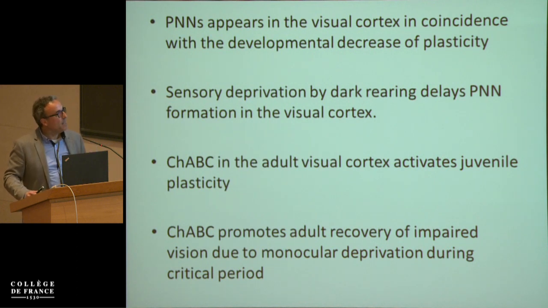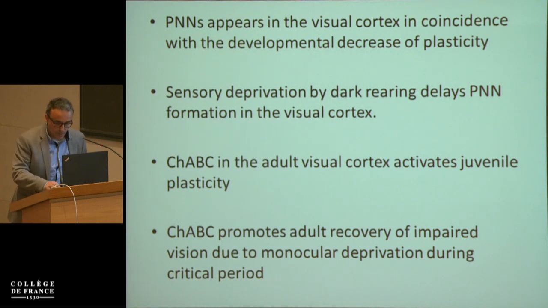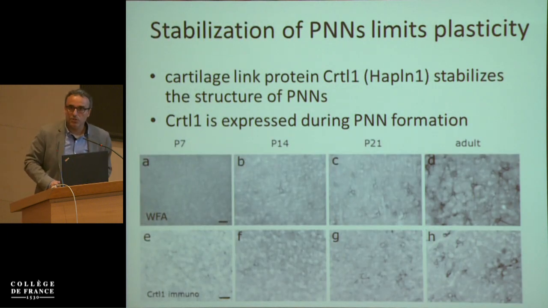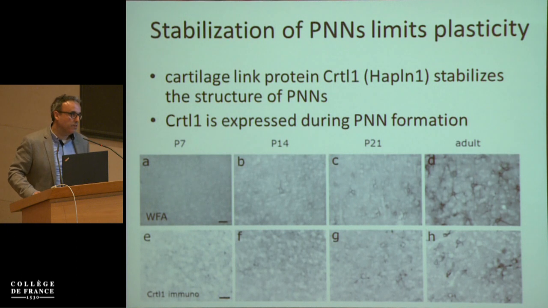But if you take an adult amblyopic animal and you give chondroitinase, it is able to recover normal visual acuity. With chondroitinase, of course, you digest these lateral chains of chondroitin sulfate proteoglycans in the net, but also everywhere, because these CSPGs are probably present in a diffuse form in the whole extracellular matrix.